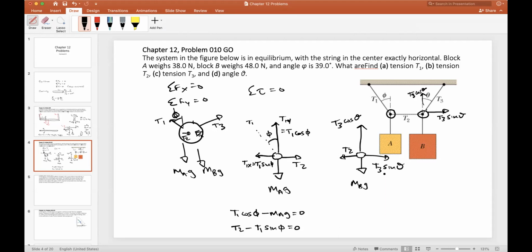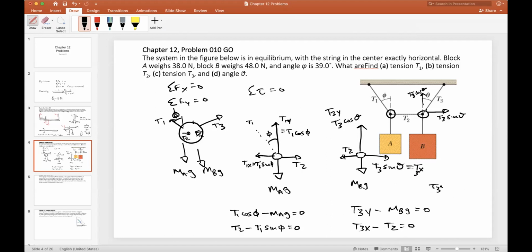But you don't really want to do that. What you really want to do is call this T3x and call this T3y. And then you can solve that T3y minus MBG is 0, and T3x minus T2 is 0.